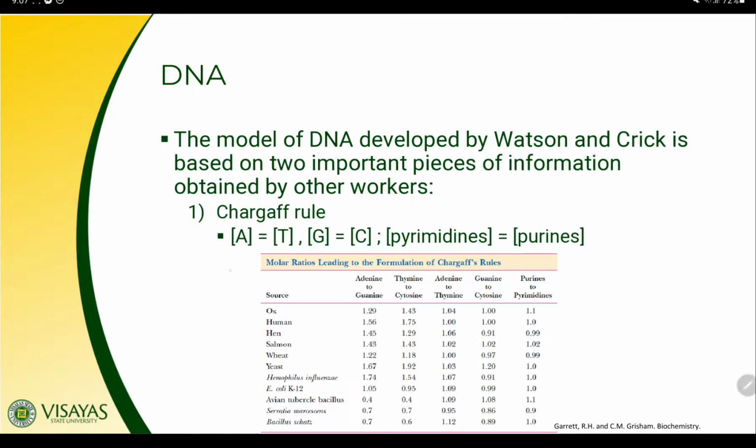Here, the concentration of A is equal to the concentration of T, whereas the concentration of G is equal to the concentration of C. This table is the data which leads to Chargaff's rules. As you can see here, we have a 1:1 purine to pyrimidine ratio of concentration.